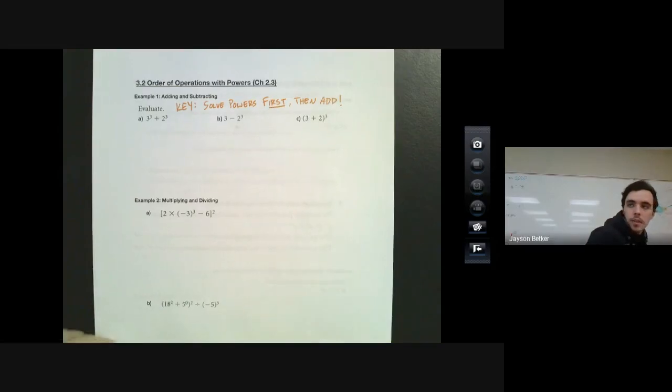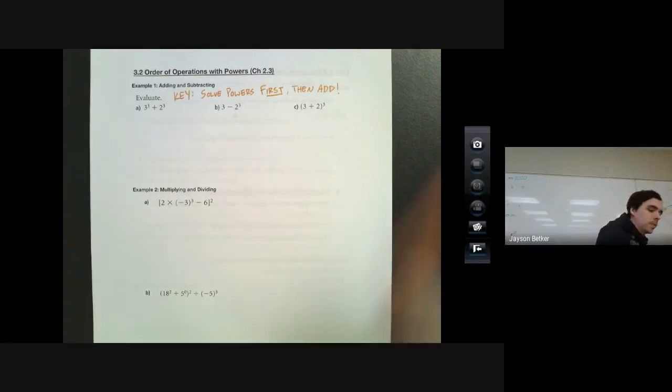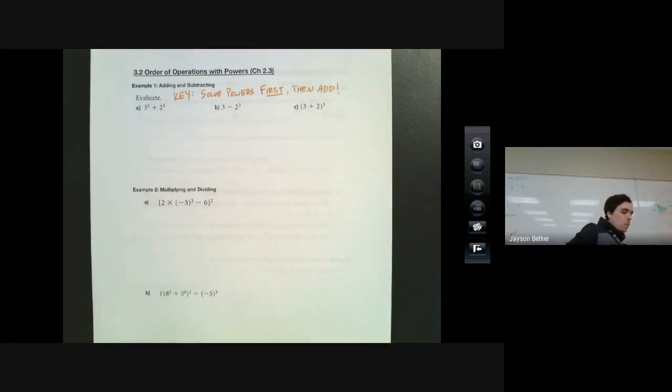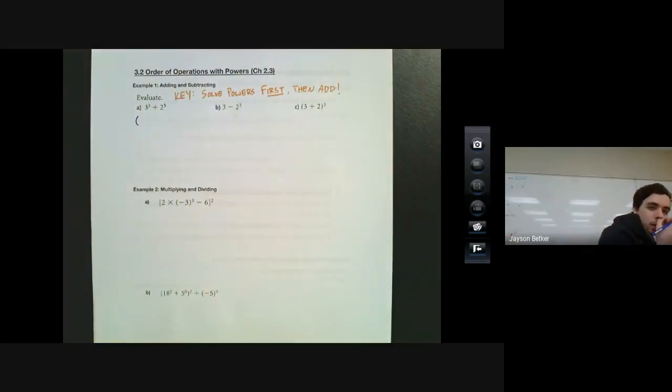All right, so I think with that in mind, we could probably get started on the problems. So this first one, A, we have 3 cubed plus 2 cubed. Remember, cubed means to the power of 3. So 3 cubed, we are going to write it out as a repeated multiple.